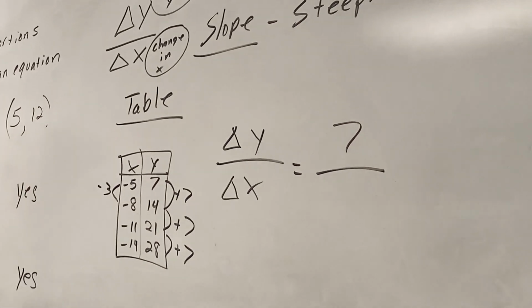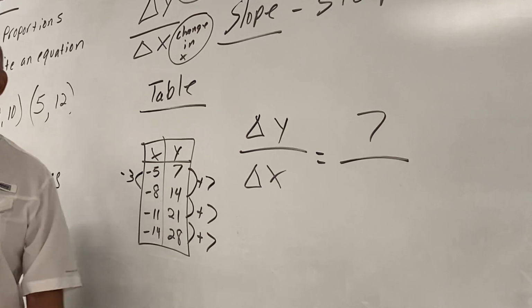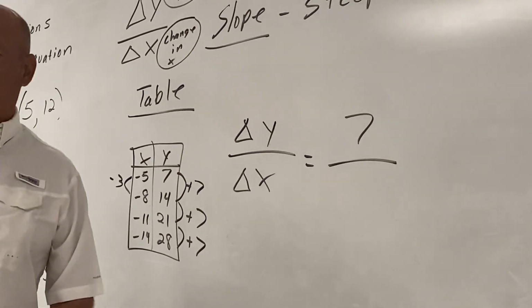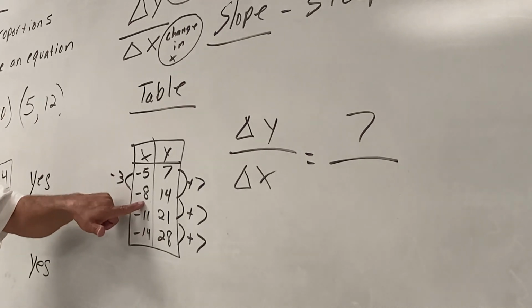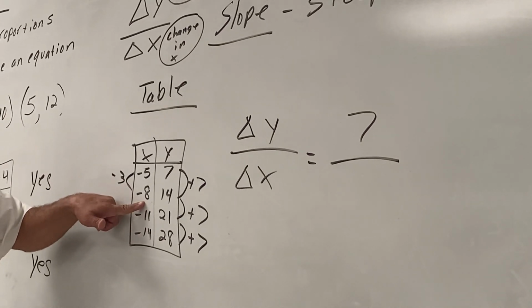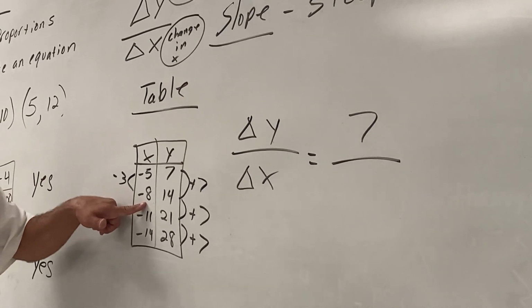Now, let's say that you're not sure how to figure out if it's going up or down. Everybody pick up your calculator. The calculator is going to be a nice help on this. Watch. Type in the second number first, negative 8. Everybody use the little negative button at the bottom, not the minus key.